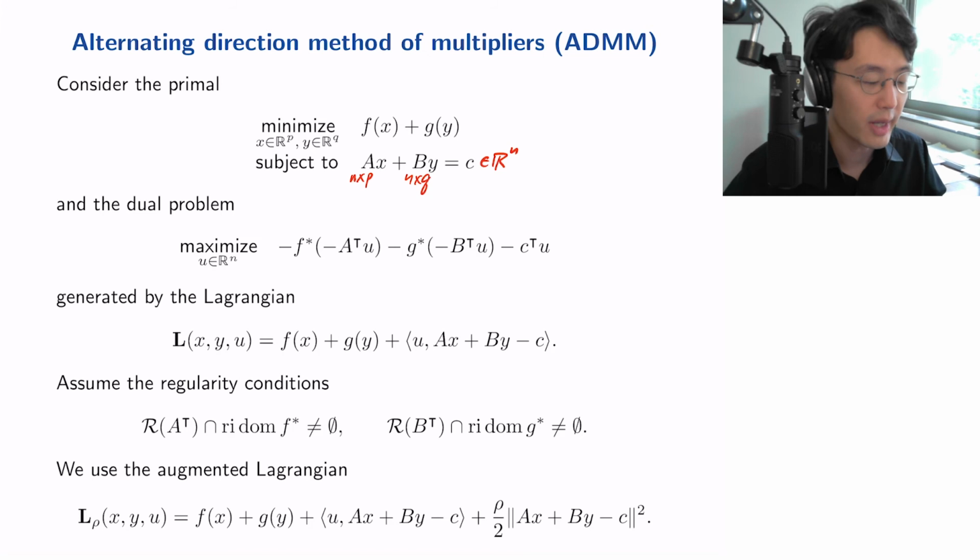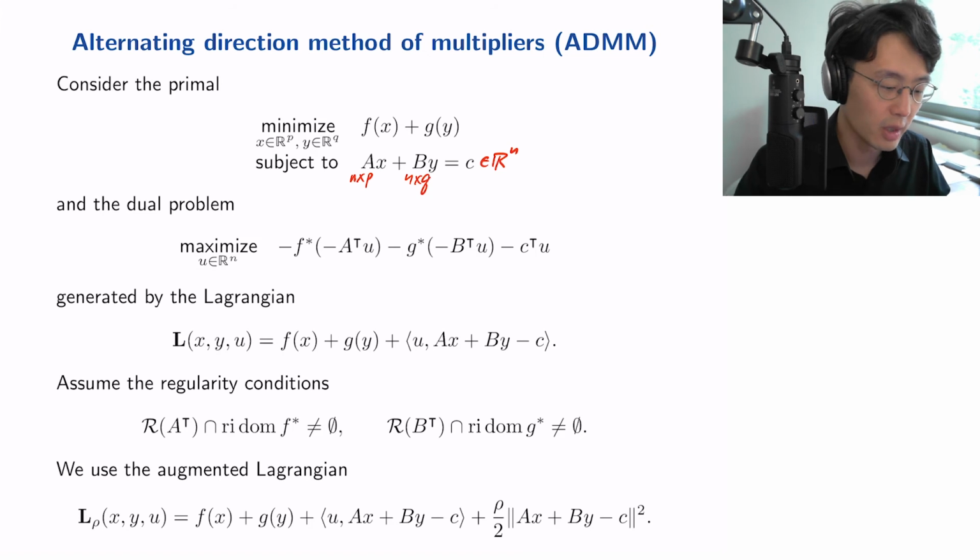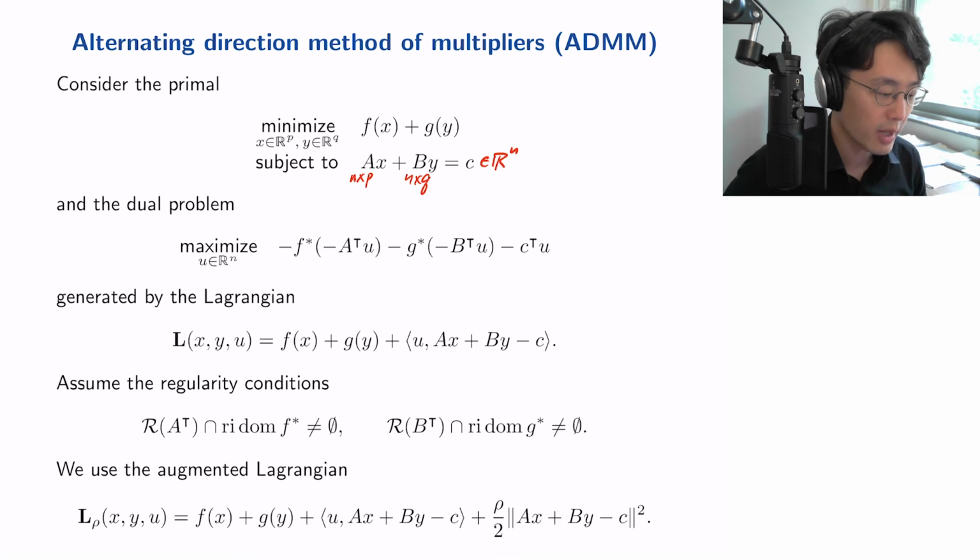This primal problem has a corresponding dual problem where we maximize with respect to the variable u. U is of length n, and the objective function is minus f star composed with minus a transpose, minus g star composed with minus b transpose, and a linear term minus c transpose u. This primal-dual problem pair is generated by this Lagrangian.